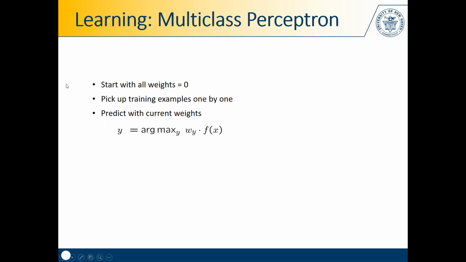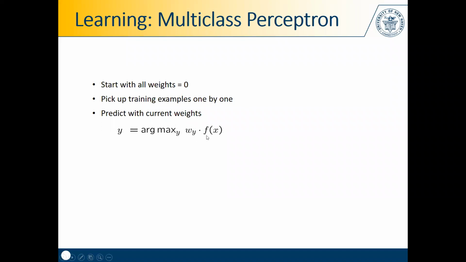Then we iterate over all training samples, every sample that we have in our training set. For each of those training samples, we predict the output with the current weights. So what's the output? We find the dot product of each of the weight vectors.